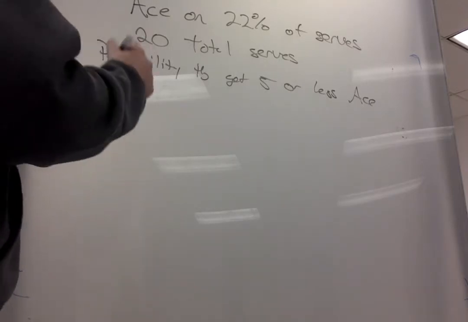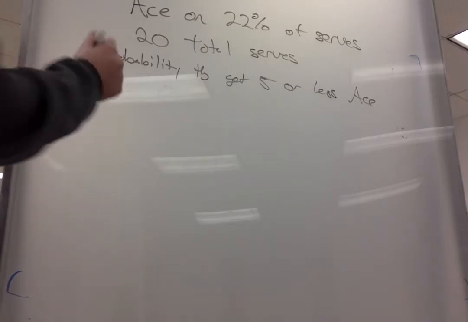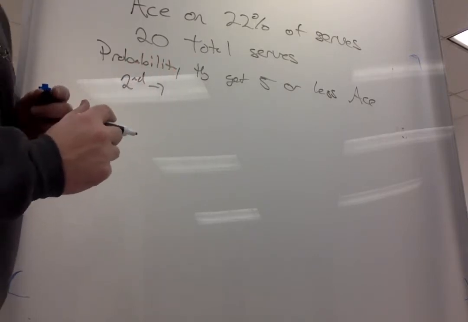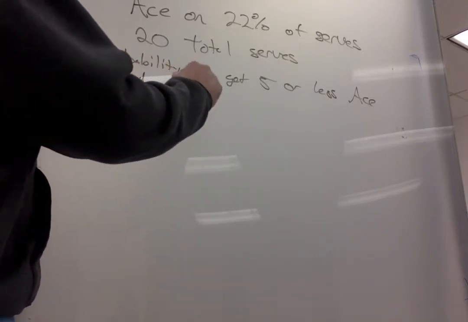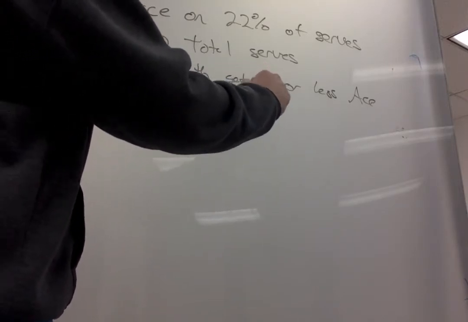So you're going to have in the section of your calculator that can be found by pressing the second button and then hitting vars, which should take you to the distribution window.